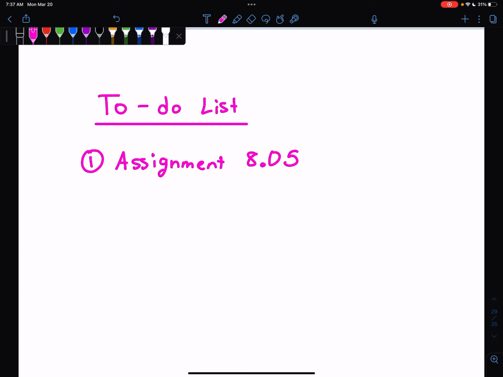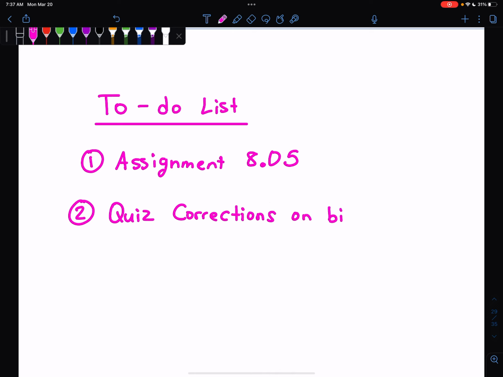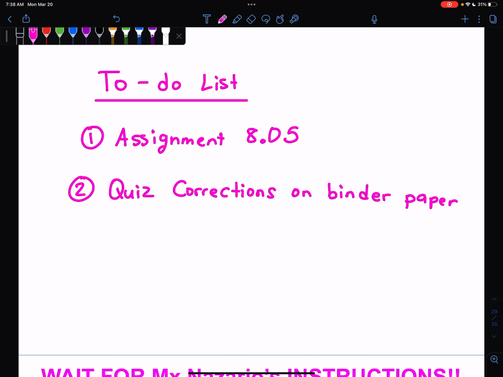So you're doing that assignment first. Then you are doing your quiz corrections. I do not have any more correction paper. Sorry. You can use binder paper. And if you finish it, hold on to it until I get back. I don't want it to get lost, so just hold on to it.